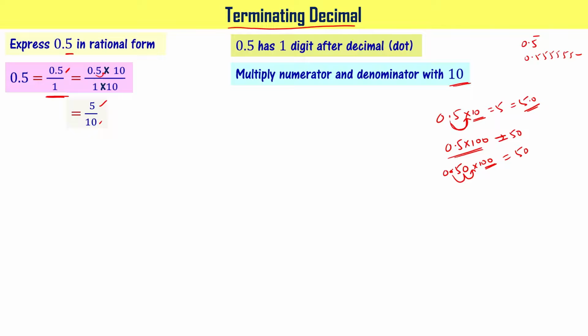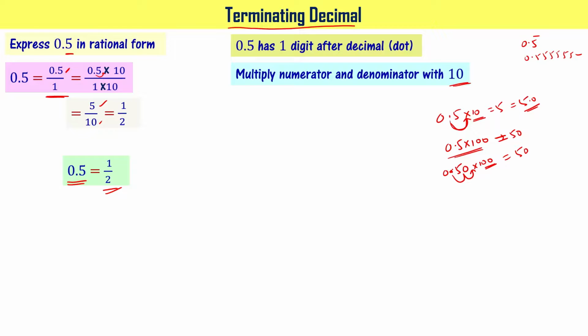Otherwise, since we know that 5 and 10 have a common factor of 5, I can divide both the numerator and denominator by 5. When I do that, the numerator becomes 1 and the denominator becomes 2. So I can say that 0.5 is equal to half. We have expressed the number given in decimal form as a rational number.